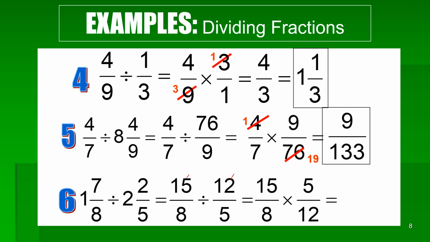So we have 15 times 5, and 15 and 12 have a GCF using the cross product. We get 15 divided by 3 is 5, 12 divided by 3 is 4. So we got 5 times 5 is 25, and 8 times 4 is 32.